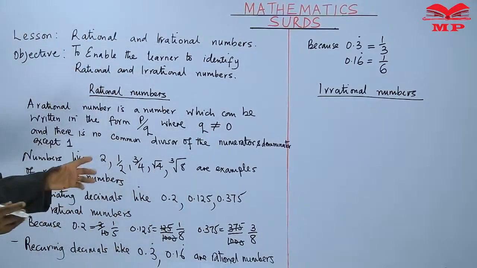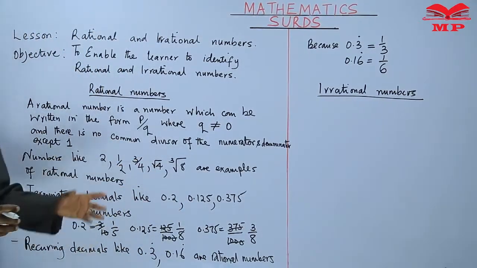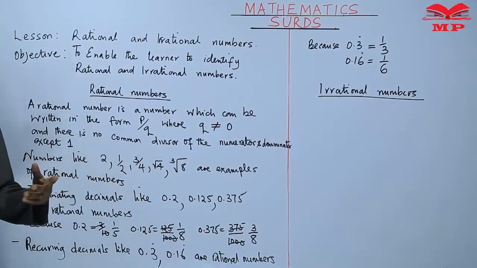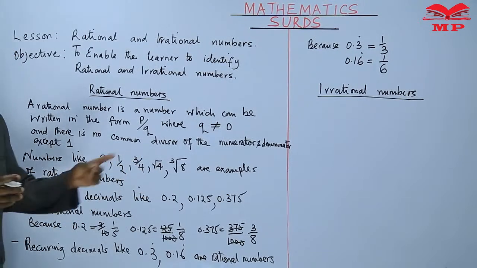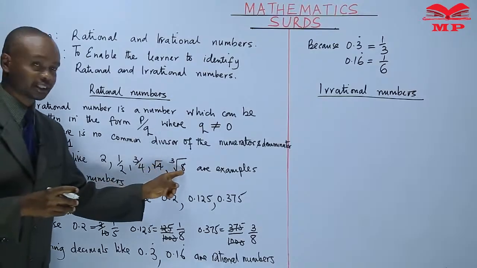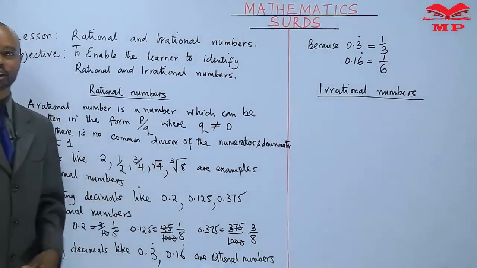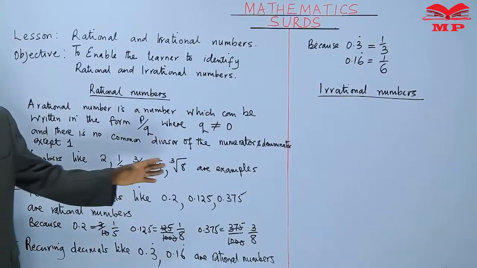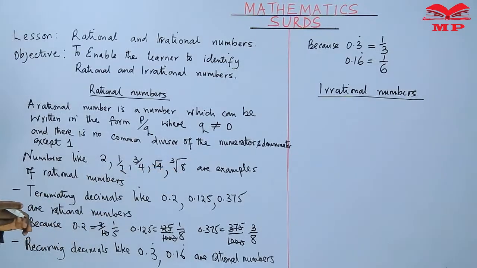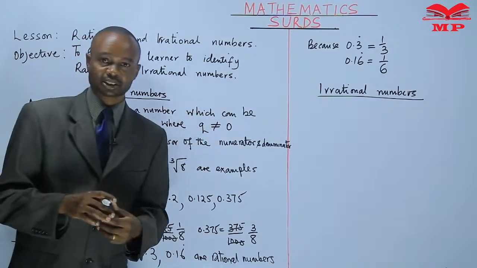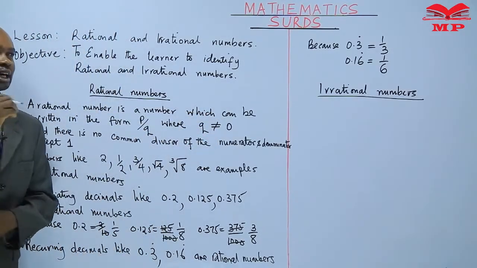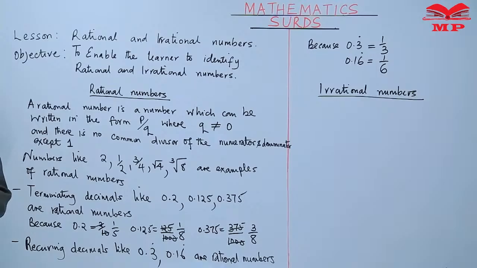And you find most of the rational numbers had a perfect square root or a perfect cube root. What is the square root of 4? It is 2. What is the cube root of 8, learner? The cube root of 8 is 2. So most of the rational numbers will have perfect squares or perfect cube roots. When we come to irrational numbers, most of them will not have a perfect square or a perfect cube root.